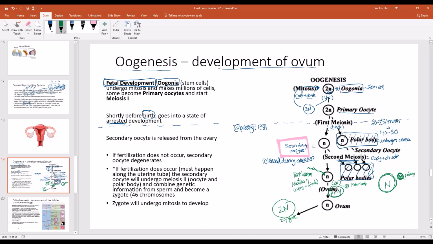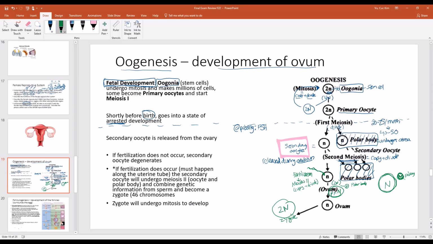Oh. Yeah, there's no more mitosis of the oogonia. Oh, okay. Then you start meiosis, you divide. Yes. And then when you divide, we have the secondary oocyte, and there's going to be a polar body which gets eliminated, right? Yes. Yep. And then when it gets eliminated, we just have to focus on the secondary oocyte.